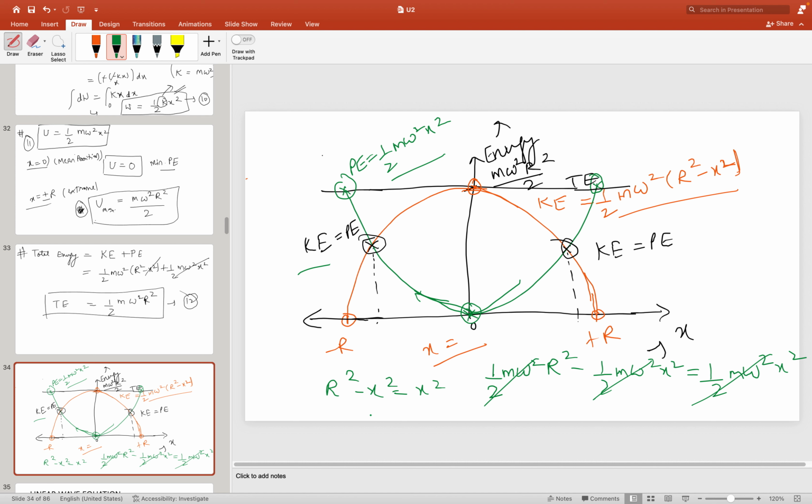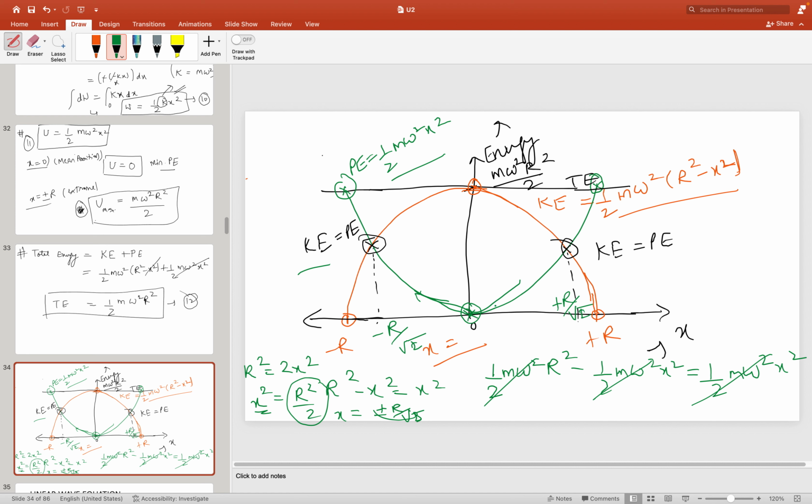Once x square goes on this side, it will become positive. So r square will be equal to 2x square, or x square can be written as r square upon 2, or from here we can get x is equal to plus minus r by root 2. So this value will be minus r by root 2 and this value will be plus r by root 2. This is how we have got the points at which both potential and kinetic energy will be equal.